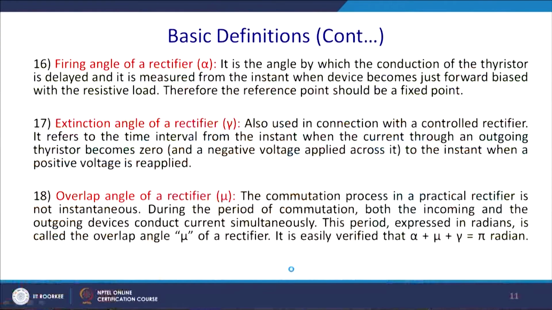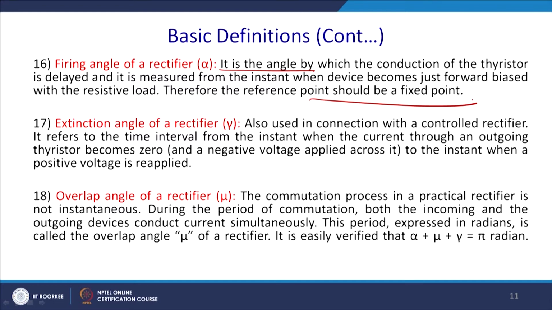Firing angle of a rectifier, that is alpha, we have discussed in detail in the thyristors. It is the angle by which the conduction of the thyristor is delayed, and it is measured from the instant when the device becomes forward biased with a resistive load. Therefore, the reference point should be a fixed point.